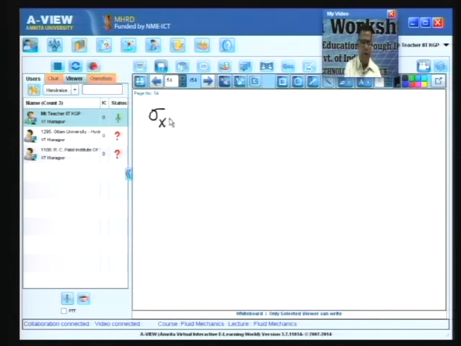So, finally, we have this result that sigma x x equal to sigma y y equal to sigma z z equal to sigma n n.